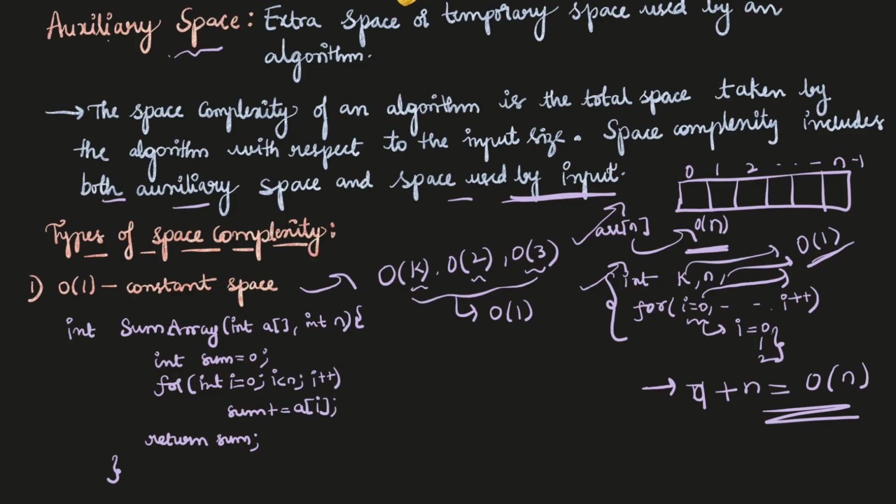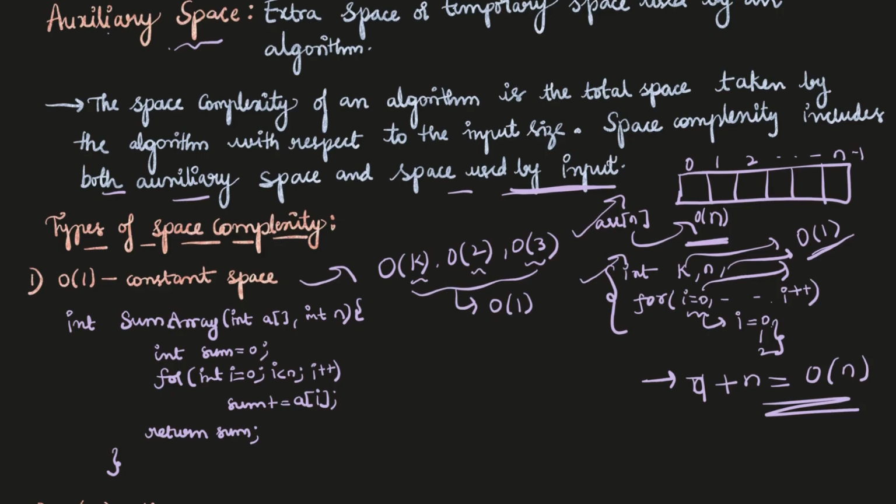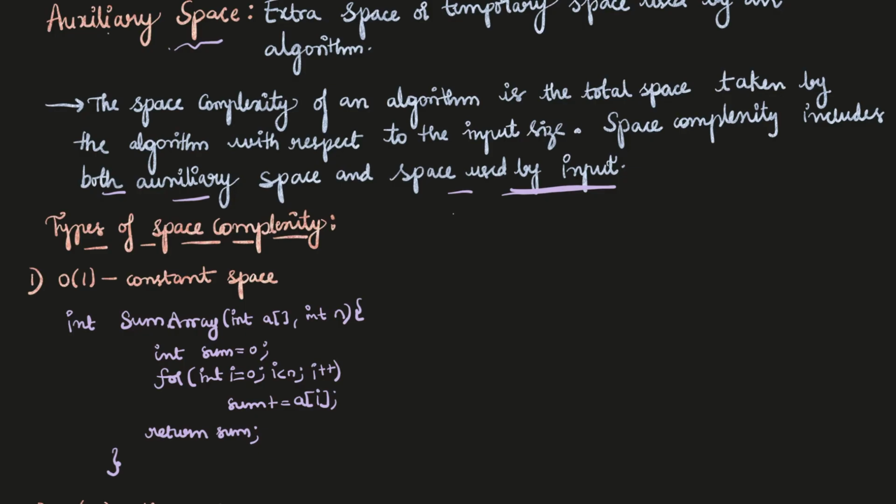So let's see for this particular problem how we are going to get order of 1 as its space complexity. So first you write all the variables which are included in it. So n takes 1 unit, and sum also takes 1 unit.